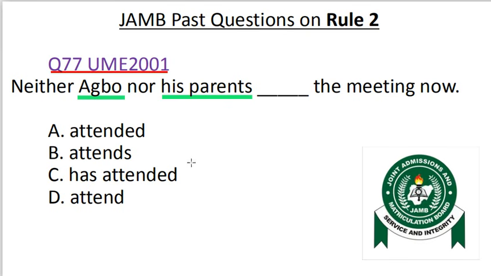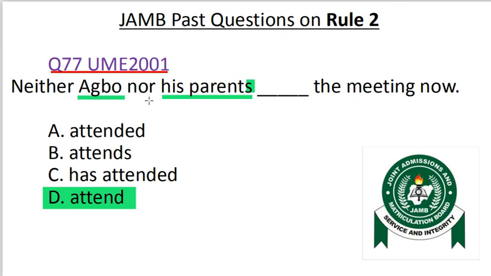Agbo, the name, is singular. His parents is plural. The plural subject is closer to the verb, so our verb has to agree with the plural subject. And that is option D, attend, the verb without S. Neither Agbo nor his parents attend the meeting now.